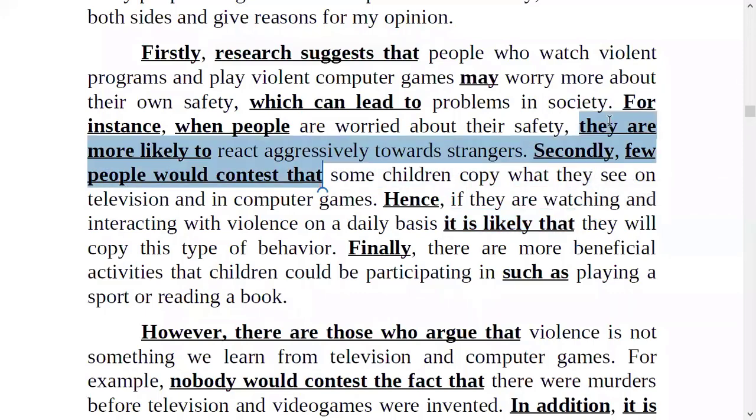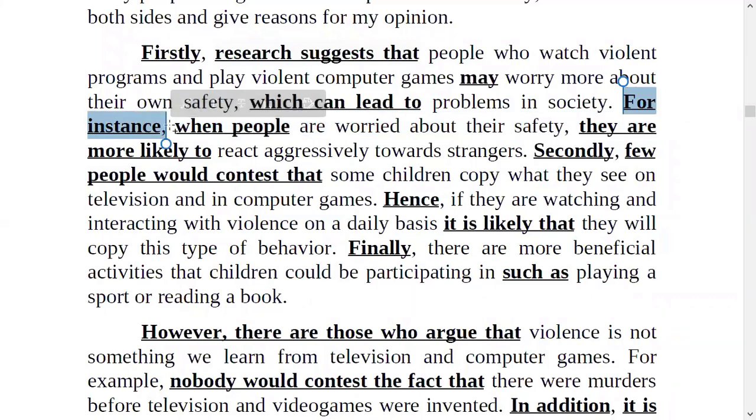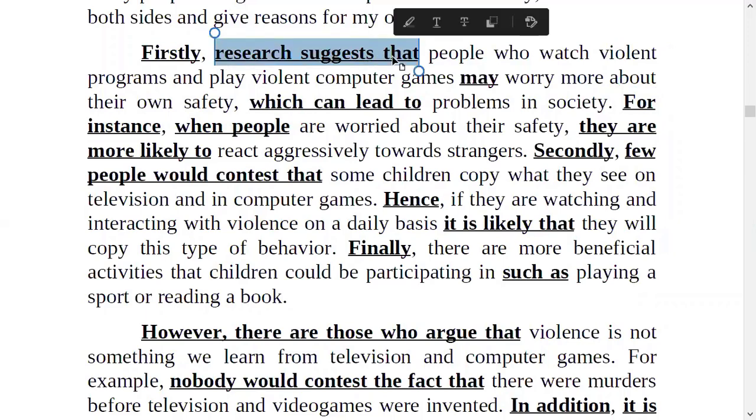Here we are using this phrase. Here we are again talking about the tendency, the behavior of the people, how they would react. And this phrase is again for showing an example. And here, as we learned, when you have evidence, then you can use this phrase: "Research suggests that."